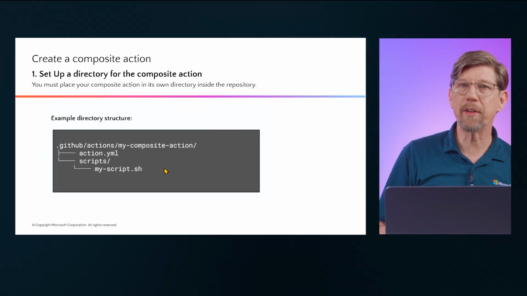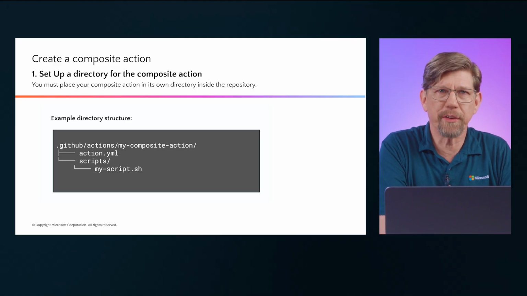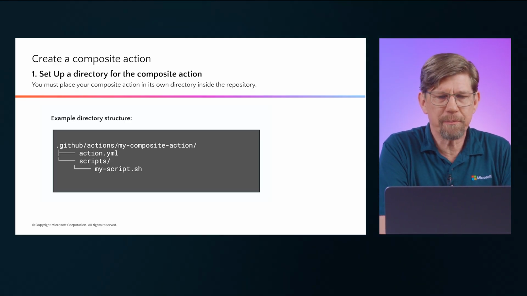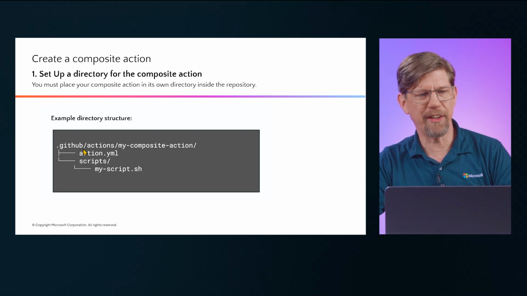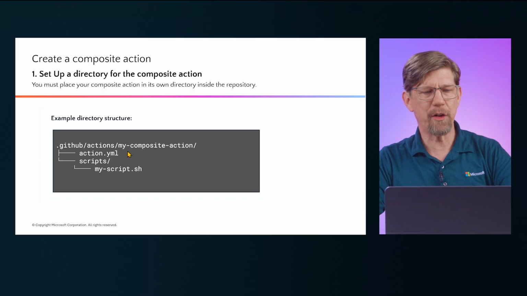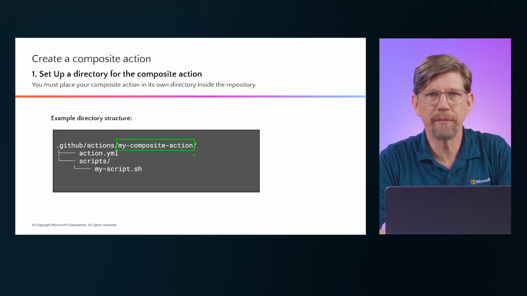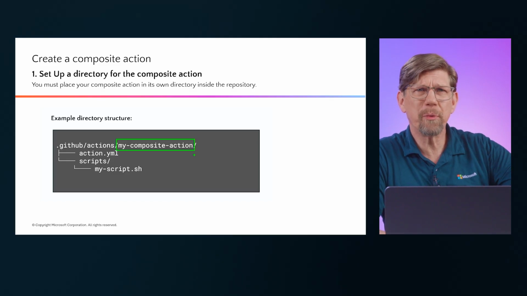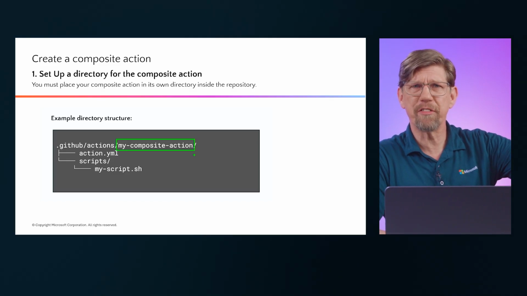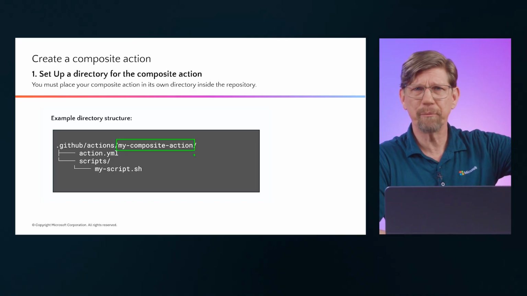The first thing that you're going to do if you want to build one of these is set up a directory structure that will support this. In this case, we're going inside of GitHub/actions, and we are then defining the name of our action. When we were doing reusable, we were actually pointing to a specific YAML file, the name.yaml.